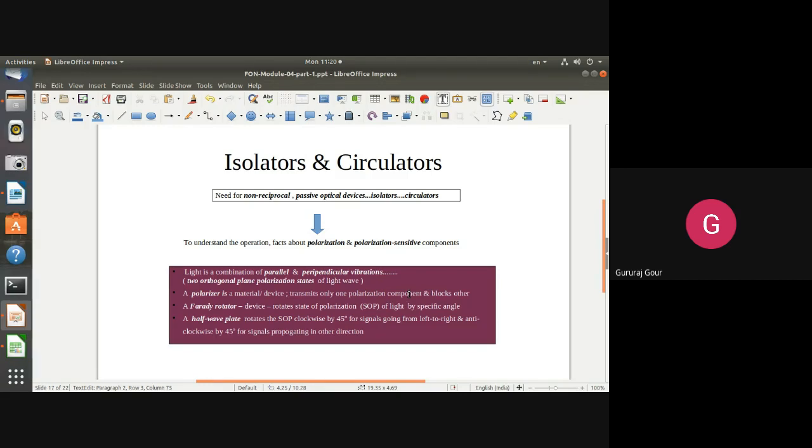Means you can say it is a polarization sensitive device. It is going to allow only those E field components oriented at 90 degrees, or only those oriented at 45 degrees, like that.